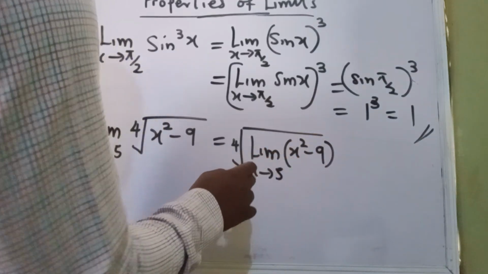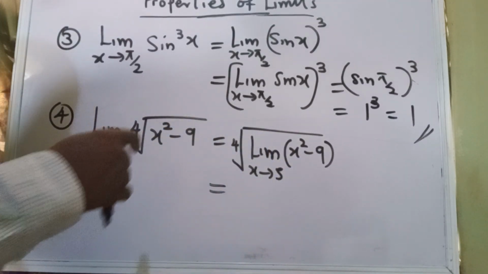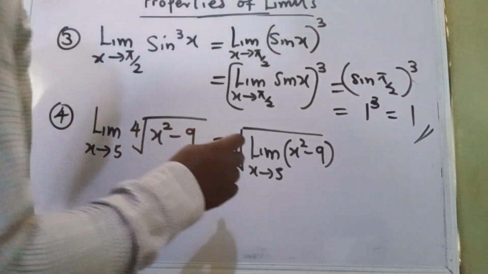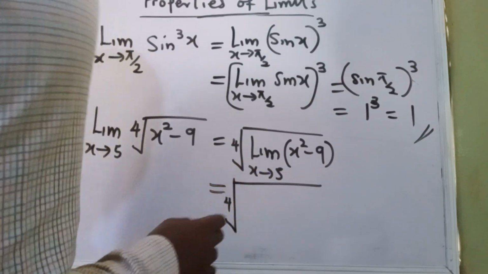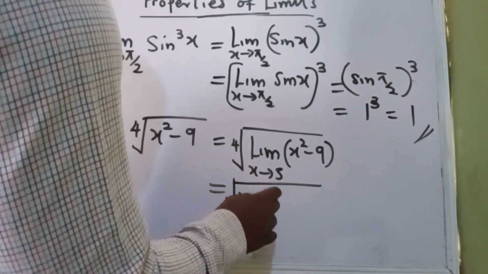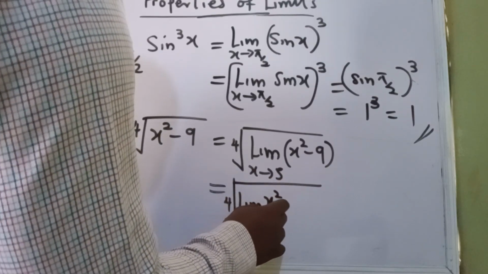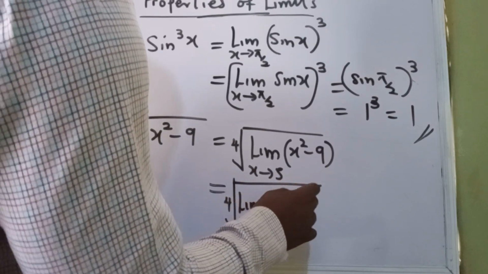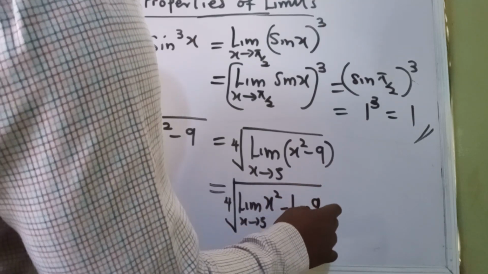So here we can apply the sum and difference rule in item 1. When we do that, this will be the fourth root of the limit of x squared as x tends to 5 minus the limit of 9 as x tends to 5.